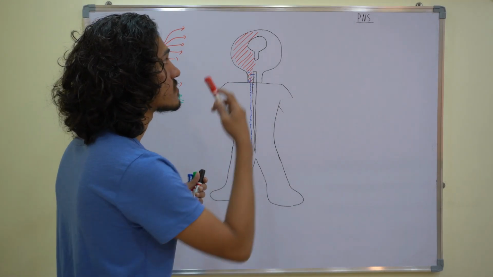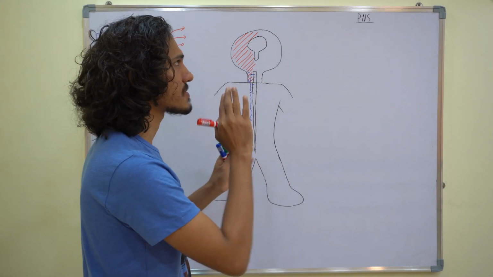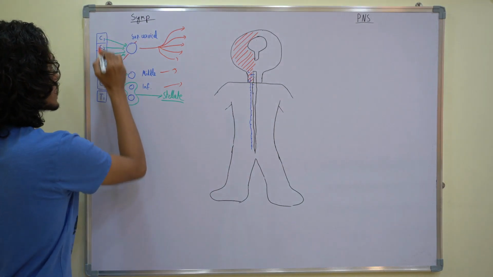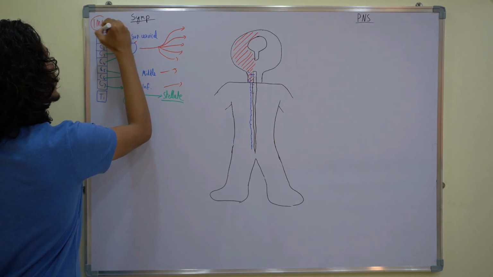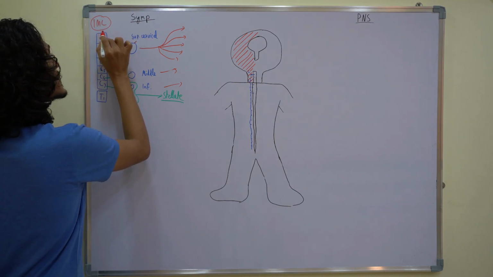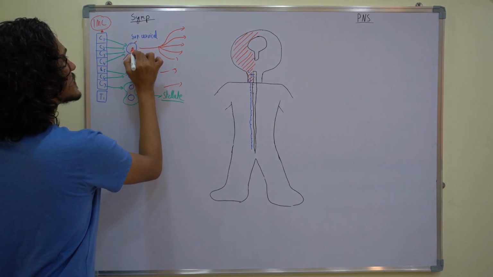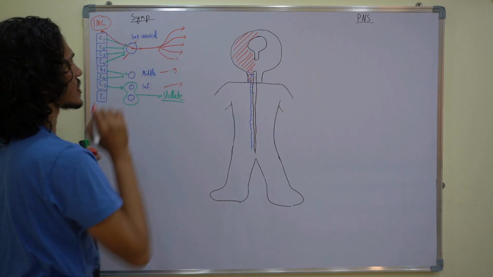Now let's come to the parasympathetic nervous system, right? In the parasympathetic nervous system, it's kind of different. Over here, I told you in the C1, C2, all these corresponding segments, the intermediolateral horn of the spinal cord is where the preganglionic segments start. Postganglionic segments start in these ganglia. Preganglionic segment here, postganglionic here.